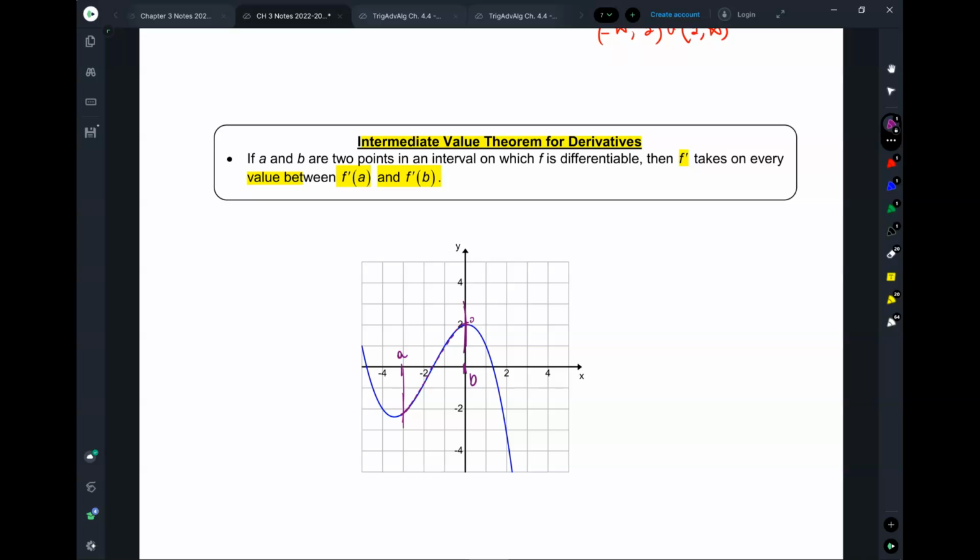Then as the slope changes from one value to another, it's going to take on every single value. For example, as the slope changes from like -4 to 0, it's going to hit every single value until it reaches 0. It's not going to skip a value. That's the intermediate value theorem for derivatives.